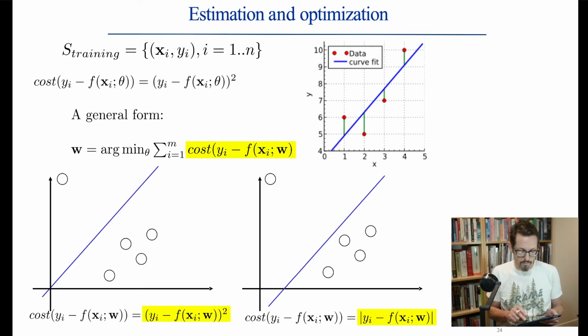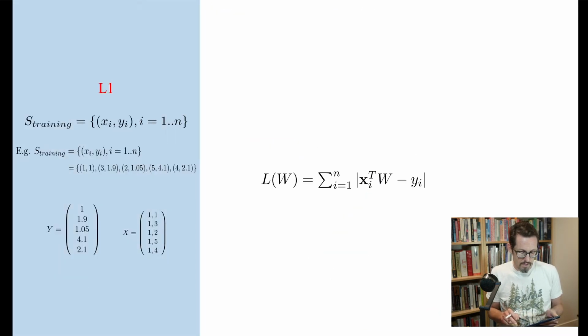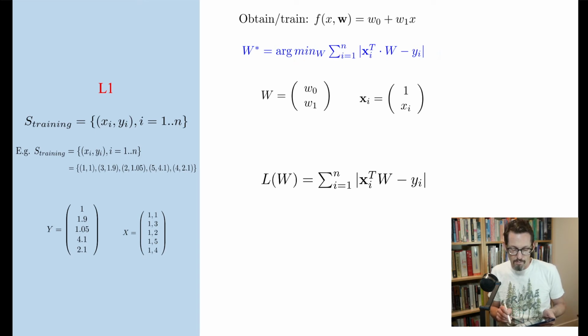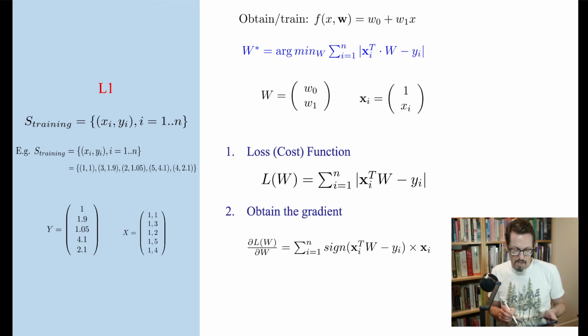So again, here's the L1 norm, and we can do that, as I was saying just a second ago, in matrix notation. So we just go ahead, take that line-by-line version of it, and we can write a cost function and obtain the gradient. Okay, well, so what are we doing here?